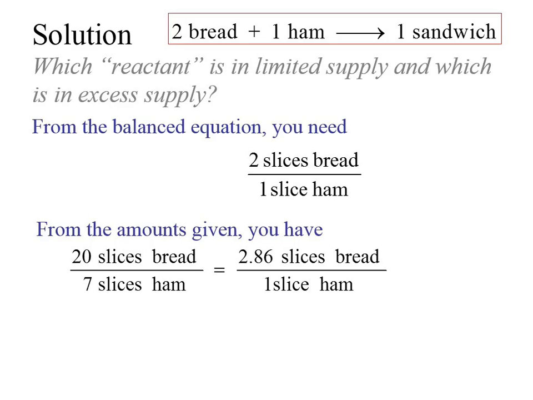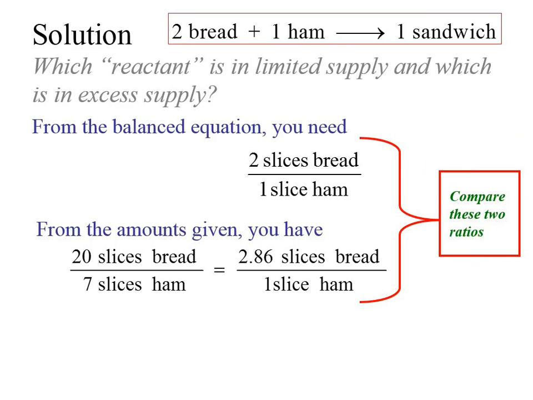So this is where I could compare those two. And sometimes I chant to myself what they mean. The first ratio is what I need. The next ratio is what I have. What I need, what I have. So I need 2 slices of bread for every 1 slice of ham. What I have is 2.86 slices of bread.